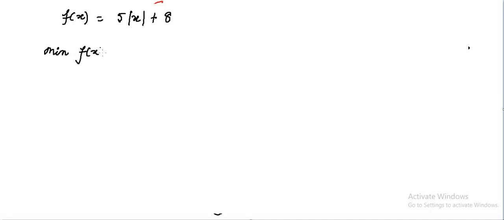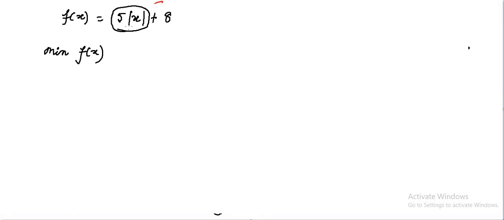Now just remember that this is mod x. So whatever value of x you put, this is going to give you a positive result. So what should I do so that this is minimum? Because definitely x is the variable, this part will be the only thing changing. So I have to minimize mod of x.